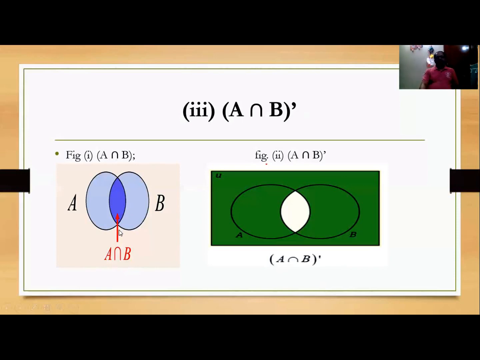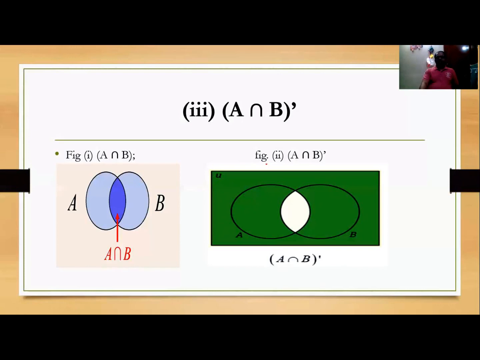Or the elements which are present either in A or in B but not in both. So only that part will be excluded to get the complement of A intersection B. So that gives us the Venn diagram for A intersection B complement.